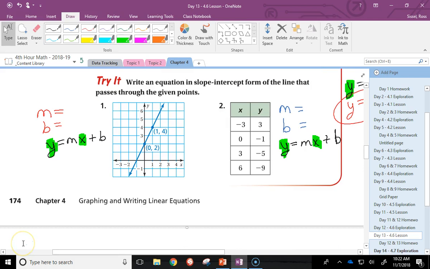Okay. All right, we're going to go over these two, and then I'm going to let you have more work time.